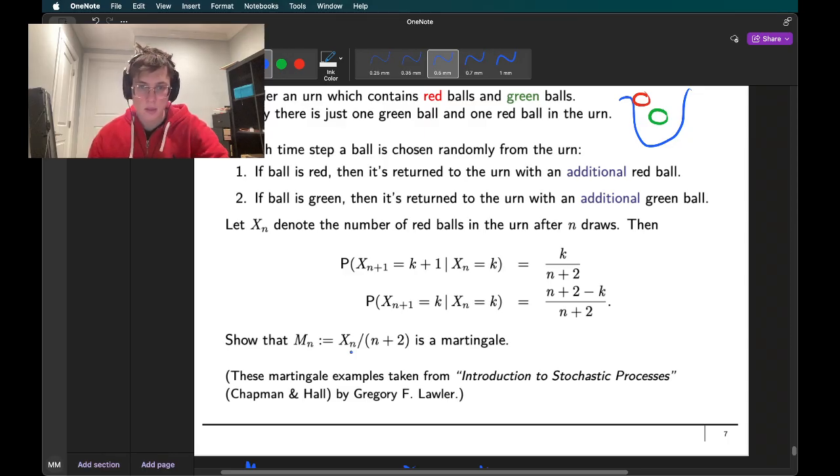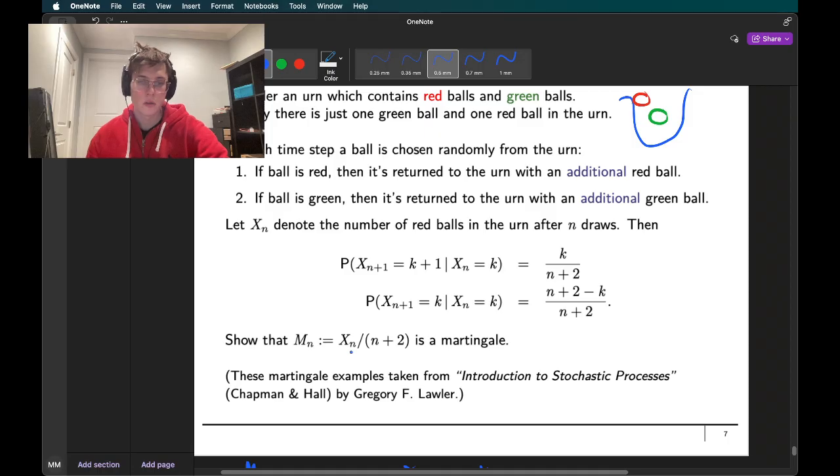I think he did the calculation here that if Xn equals k, from this you can calculate how many red balls are in there, and then this is the probability that you pick out a red ball, which is why k+1. The martingale, again, is the number of red balls. And then this is the number of green balls, n+2 minus k, and there are n+2 balls in here because we started out with 2. With probability 1/2, we pick out a green ball and k does not go up, and that's why Xn+1 equals k.